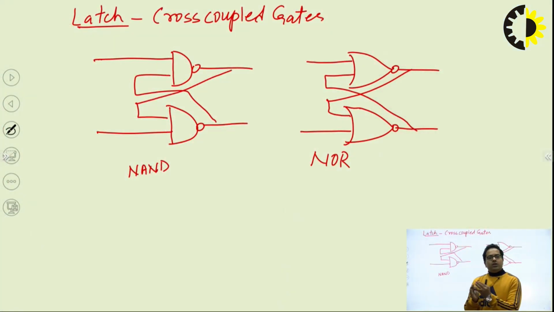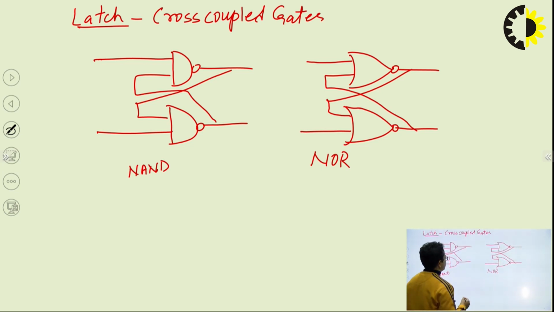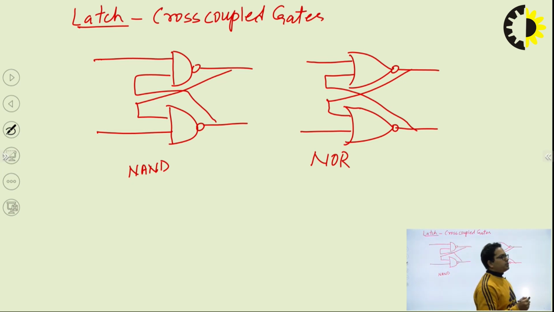Now that we have the concept of what a latch is, a combinational or sequential circuit designed by connecting gates in a cross-coupled manner, implemented using NAND as well as NOR, the next thing is that we have to become familiar with some basic terminologies associated with latches.